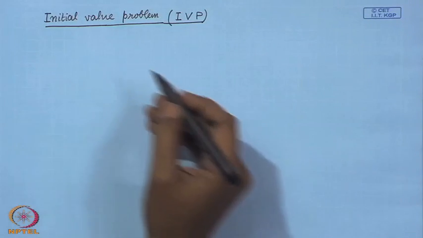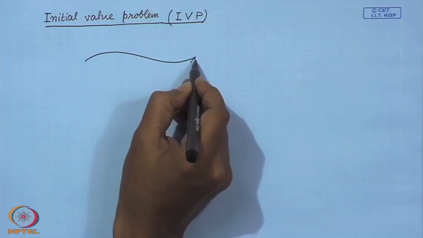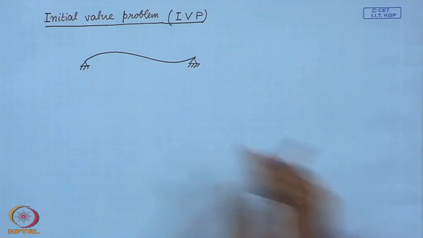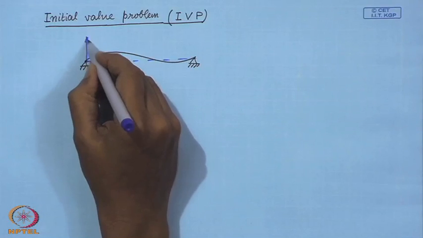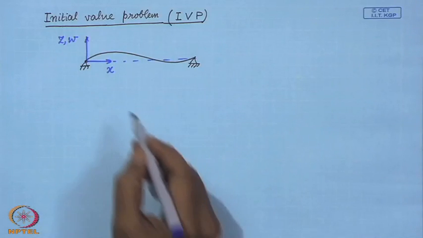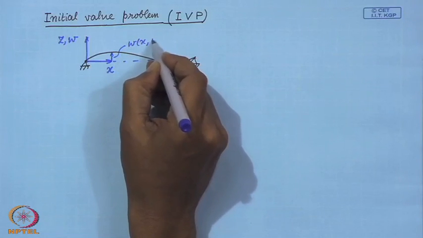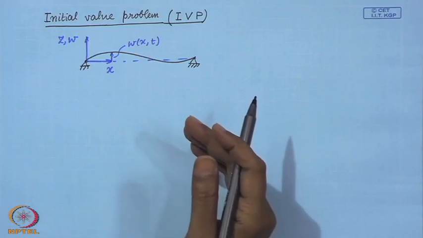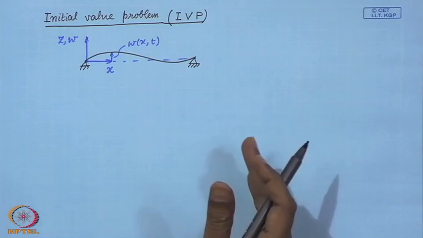Suppose you have, let us say, a string, and it is given some initial shape or initial velocity distribution over the string.